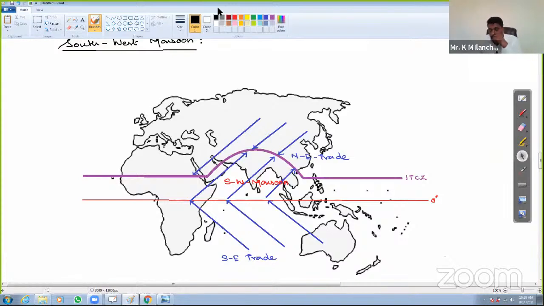However, given the size of Asia, an exceptional bend of ITCZ is registered over the Indian subcontinent.